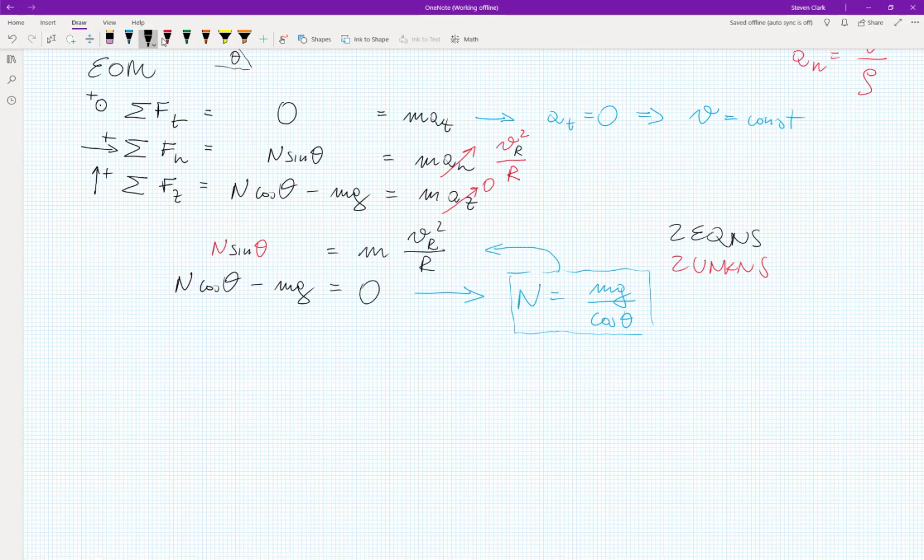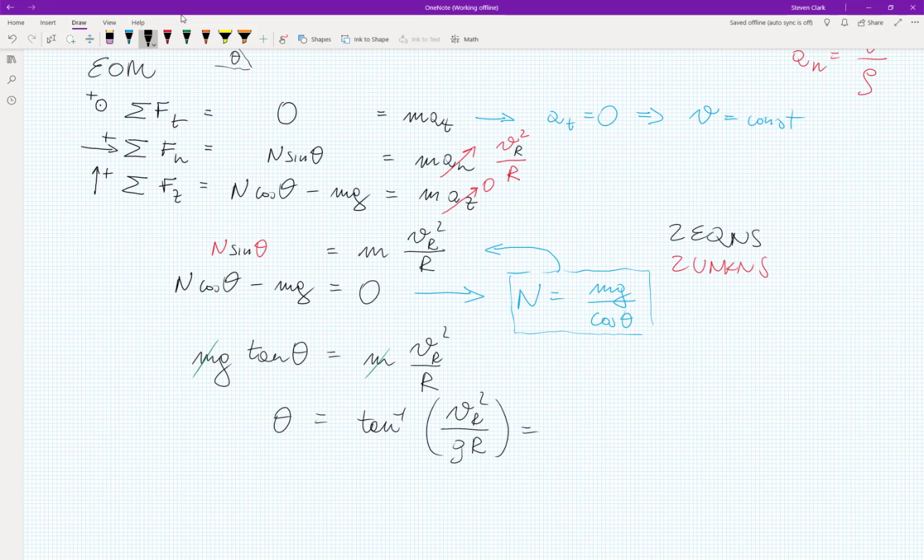Let's plug this value in this equation. So we will end up with mg tan theta, and this is equal to m v rated squared divided by r. We can get rid of these m's, and our theta will be equal to arctan of v rated squared divided by g r.